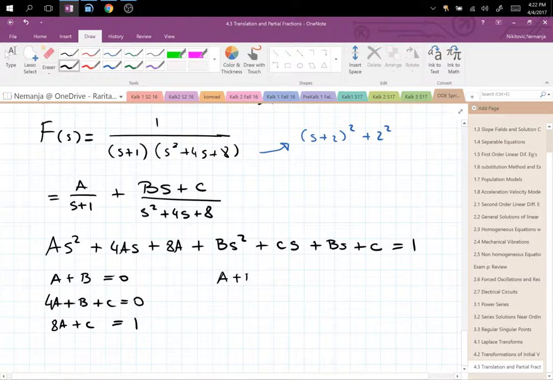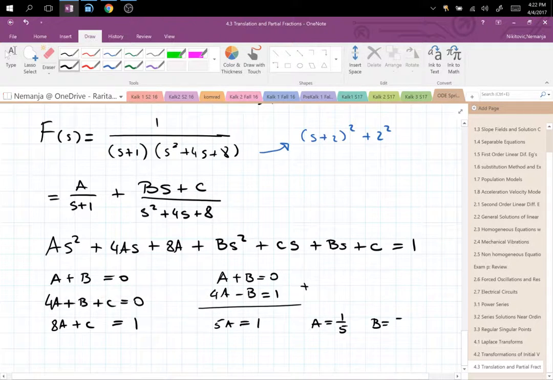A plus B is 0, and I will subtract these two equations. So 8A minus 4A is 4A, 0 minus B is negative B, C minus C is 0, 1 minus 0 is 1. And now I will add these two equations to get 5A equals 1. So A is 1/5. If A is 1/5, B immediately needs to be negative 1/5 because they have to add to 0.